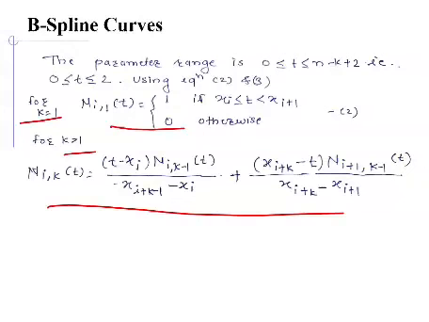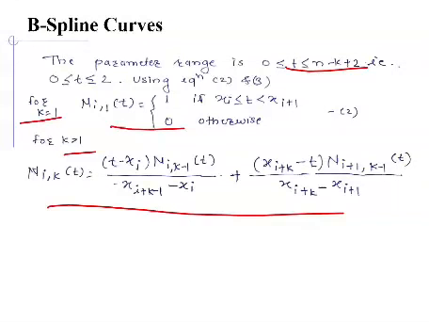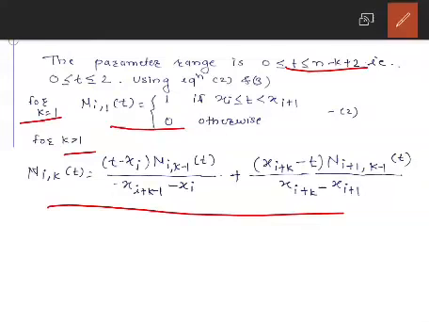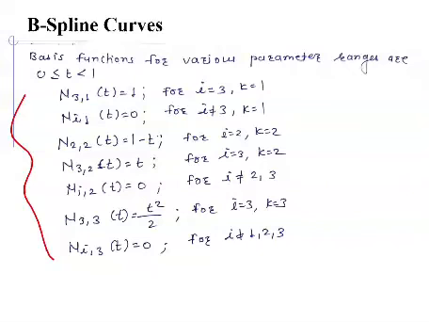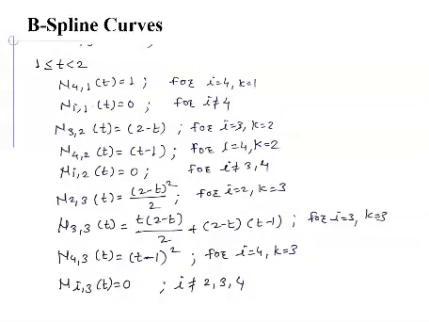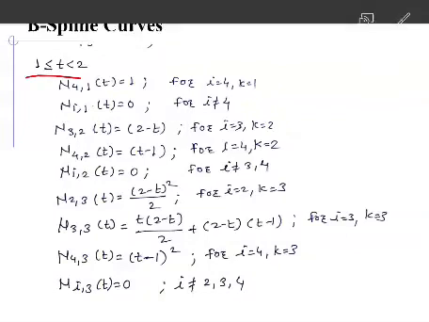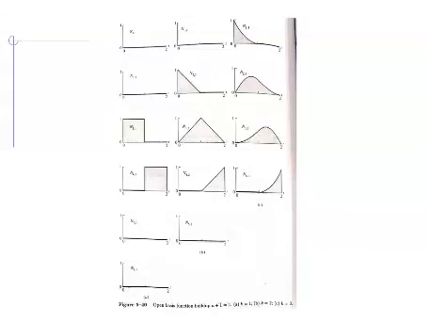This is calculated with this equation: t is greater than or equal to 0, less than or equal to n minus k plus 2. So according to this, here the parameter range is t greater than or equal to 0 and less than or equal to 2. So for these parameter values, we calculate this value, this one and this one. And after calculating these values, the final result will be like this. So that is about the B-spline curve.